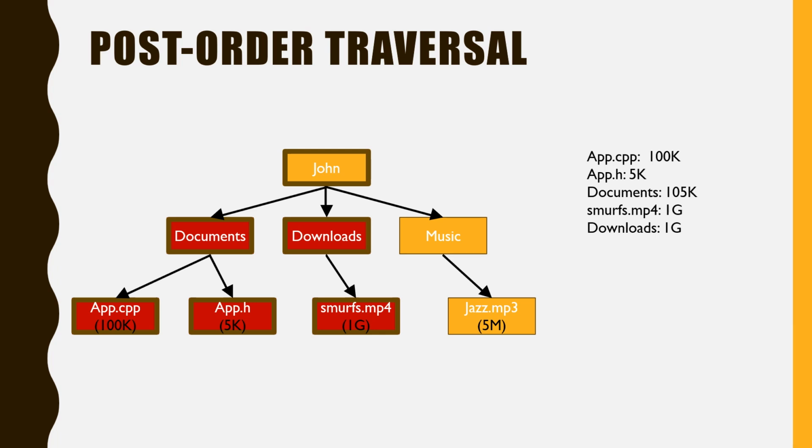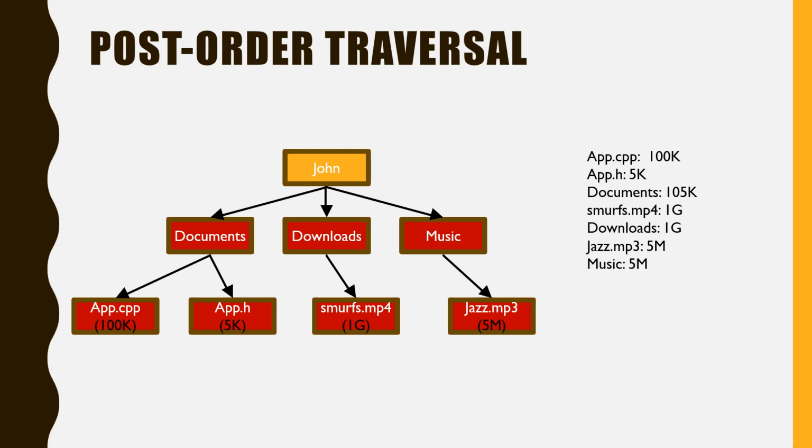We calculate the disk space occupied by downloads by summing the space used by all of its children. Next, we consider music, the next sibling of downloads. Since music has a child, we will not visit it immediately. We visit its child jazz.mp3 and record the size.